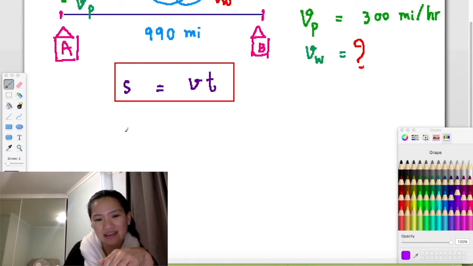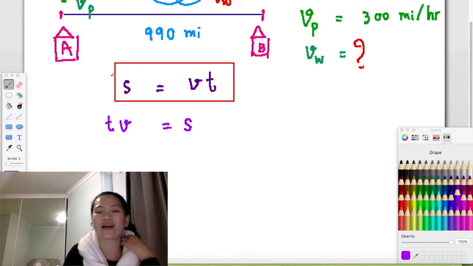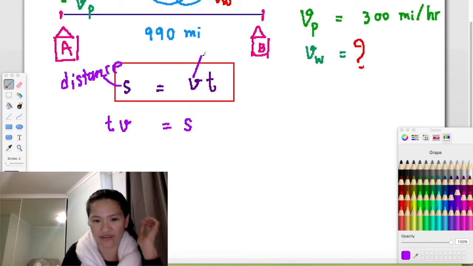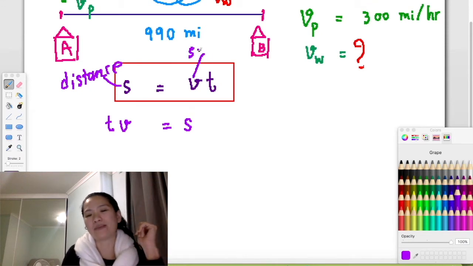I say TV equals S. You know that is the same thing, just switched. So don't forget that one: distance equals V, velocity or speed, multiplied by time.